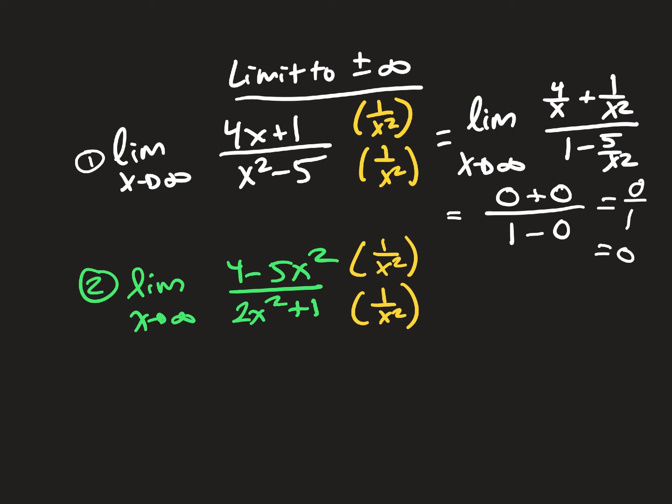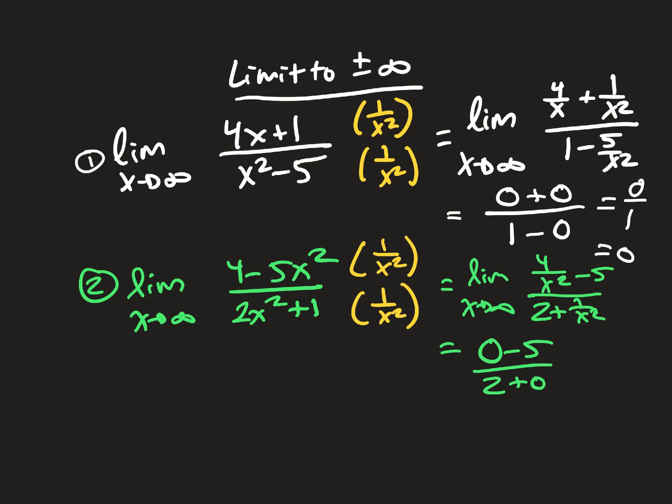Okay, so this is going to get me the limit as x goes to infinity of 4 over x squared minus 5 over 2 plus 1 over x squared. Now, if I think about plugging in huge values for x, I'm going to get 0 minus 5 over 2 plus 0, or negative 5 halves.